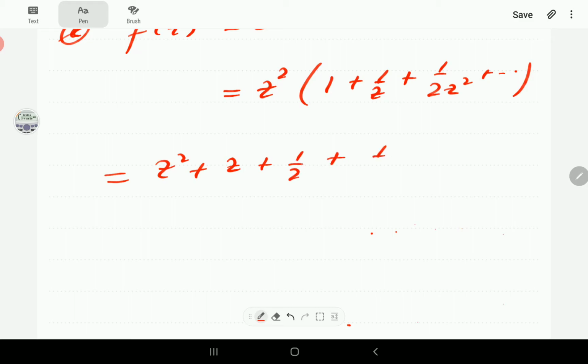Then the next one is going to be 1 over 6z, that's 3 factorial. And then 4 factorial is 24.